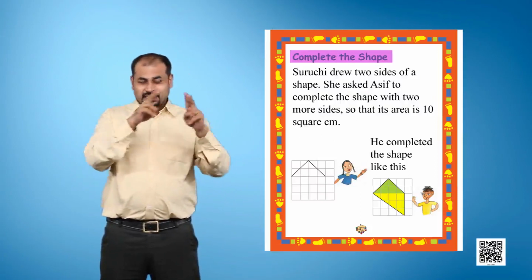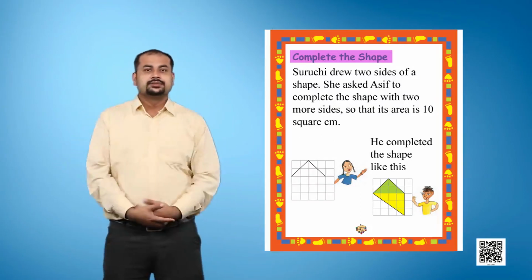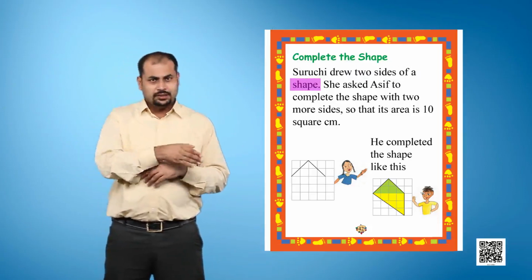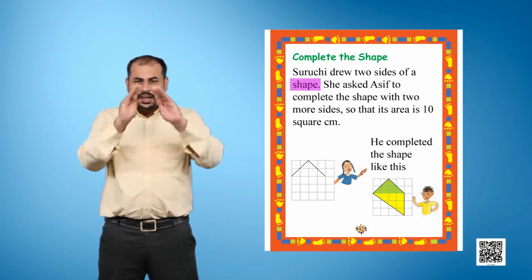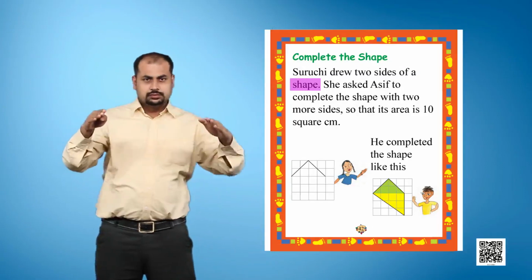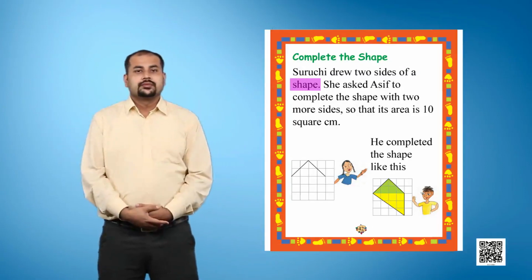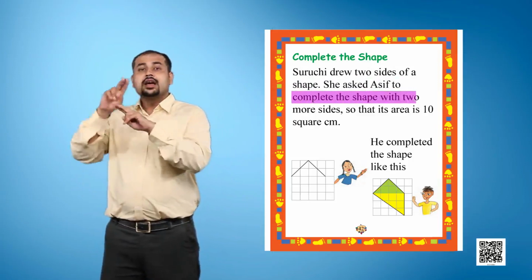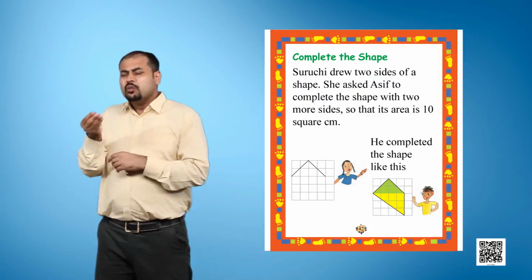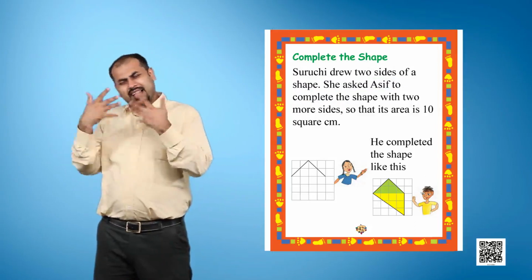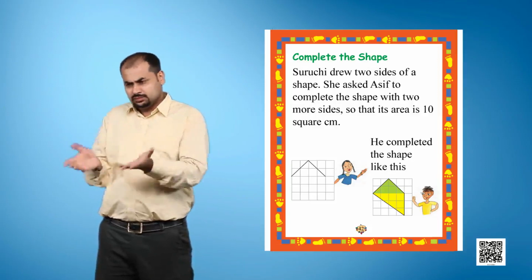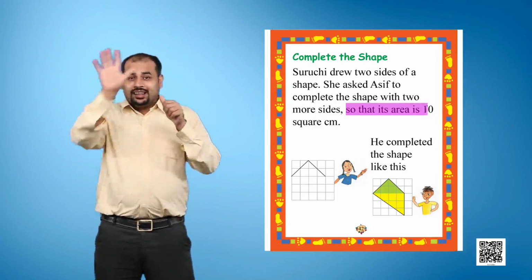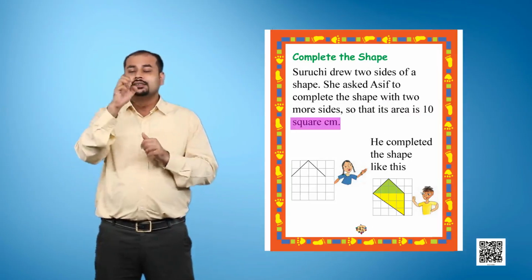Complete the shape. Suruchi drew two sides of a shape. She asked Asif to complete the shape with two more sides so that its area is 10 square centimeters.